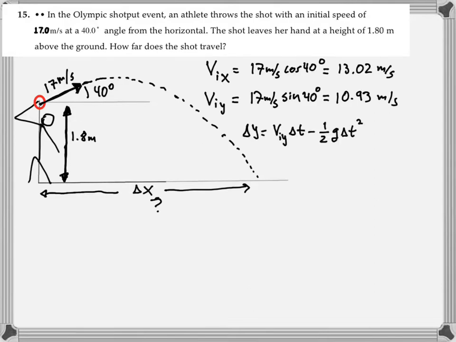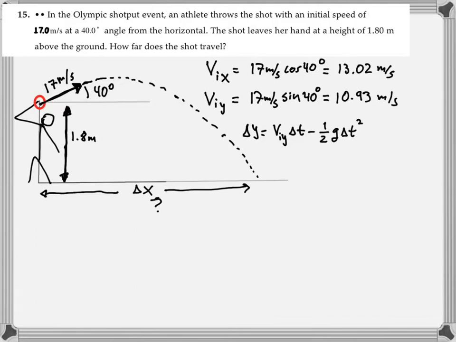Now, which equation are we going to use? What I propose here is to use the equation delta y equals v initial y delta t minus 1/2 g delta t squared. In this equation, we know delta y because if we think of the initial point being the release point and the final point being when the shot hits the ground, then the delta y is actually known.